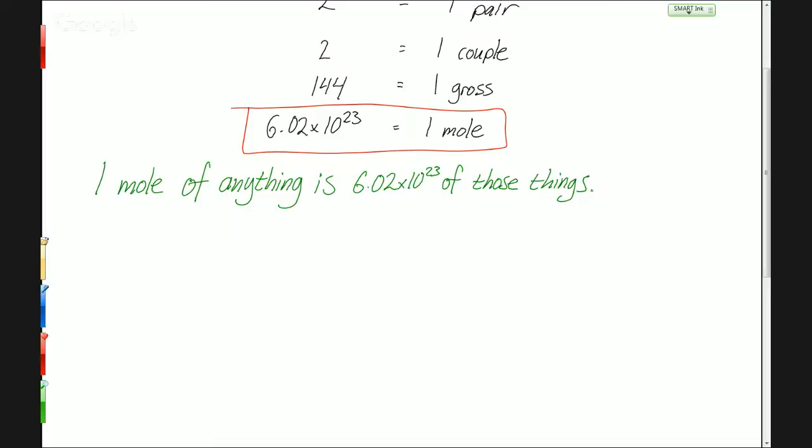Weigh it, right? If you knew how much one jelly bean weighed, you could weigh the whole thing and divide. And that's what we do with atoms and molecules. We can't count atoms and molecules because they're too small and there are too many of them. But we can know how much one of them weighs, figure out how much the whole thing weighs, and then know how many we have.